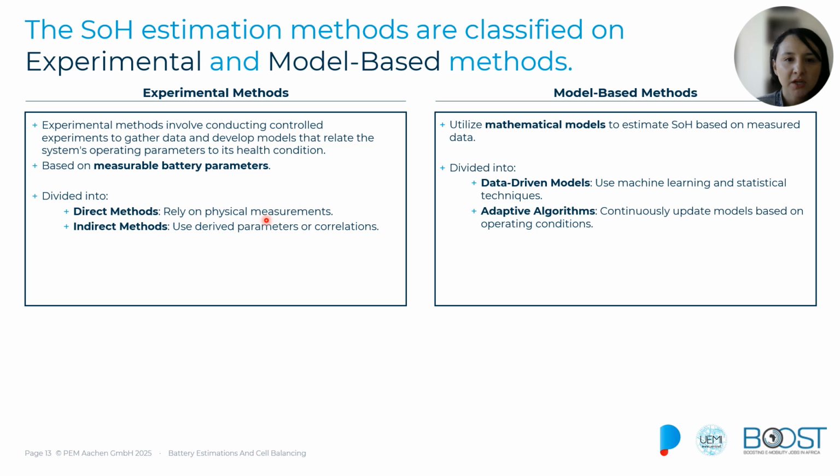In the direct measurements, for instance, we rely on physical measurements on our battery. For example, if we measure directly the internal resistance of our battery and we monitor the increment in the internal resistance, we can over time detect the degradation of the battery. So in that case, we are directly measuring one parameter.